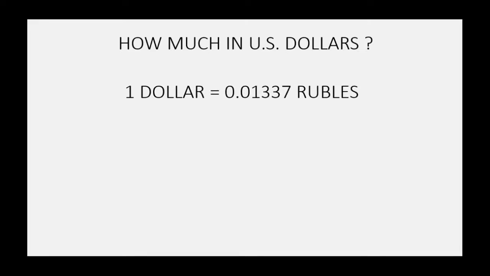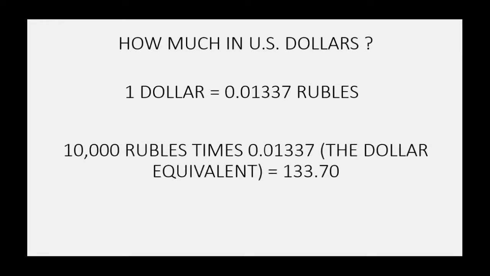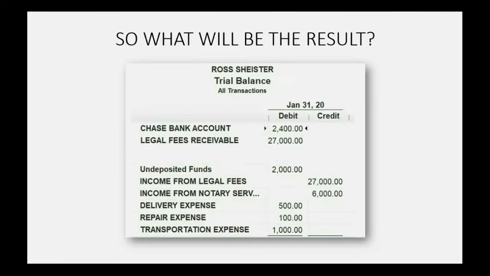Well, we just downloaded the exchange rates and we saw that on the list $1 equals 0.01337 rubles. 10,000 rubles times 0.01337 means the dollar equivalent of the service that we are billing him for is $133.70.